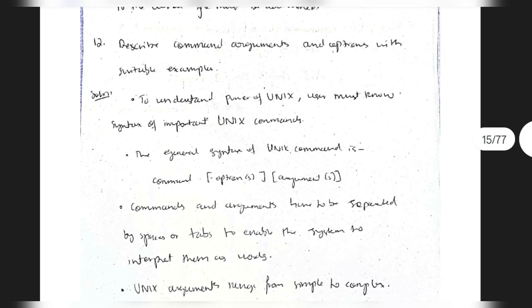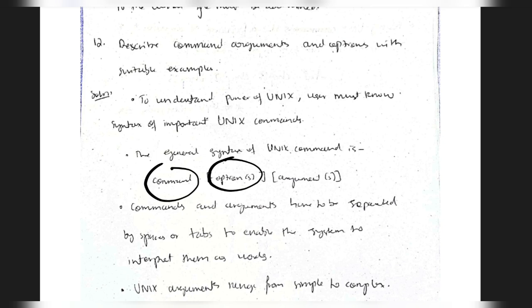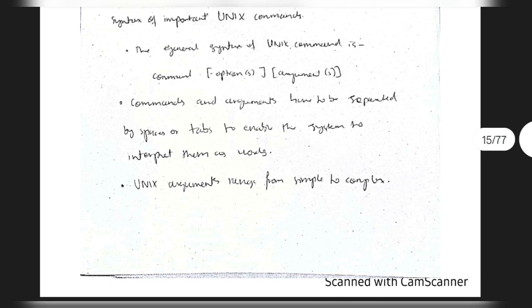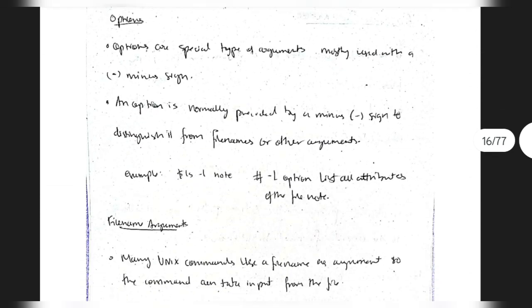And the next one is about commands, arguments, and options with suitable examples. So what is a command and an argument? A command will be written here, options will be here, and arguments will be here, meaning the file you are going to perform the operation on will be written. Some of the options begin with a minus sign, and one example is -l. L means list all attributes of the file.